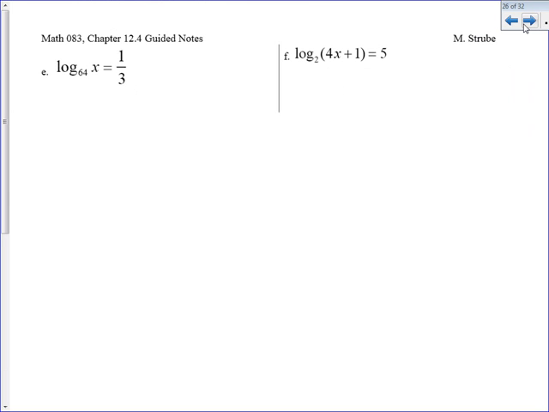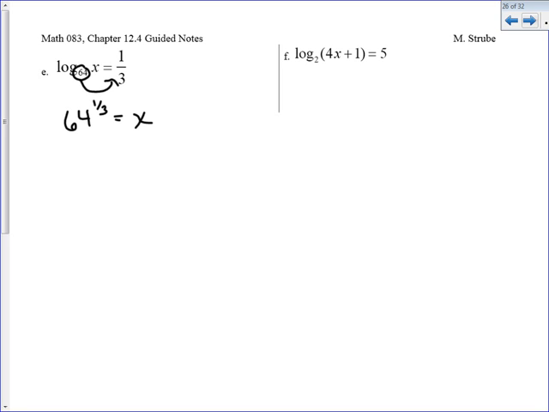All right, for E, we have a log base 64 of what number equals 1/3. So when I rewrite this, I have 64 to the 1/3 power equals x. So this is going to be another evaluate, 64 to the 1/3 power. Now, you could put that in your calculator, but we know something else about the 1/3 power from 10.2 and from 12.2.